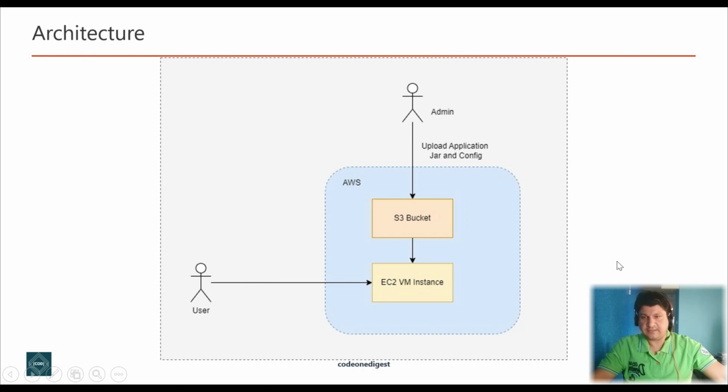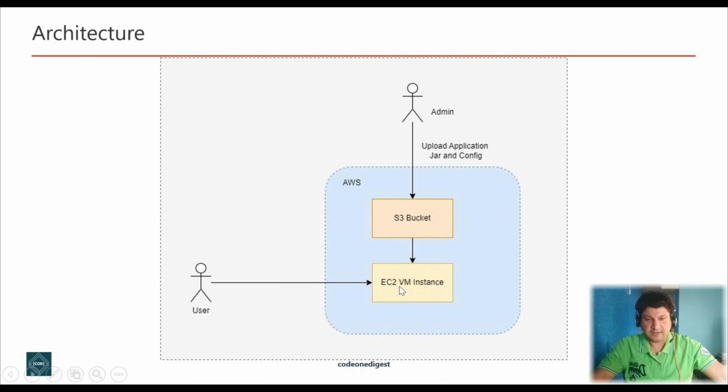So friends, let's understand the architecture, what we are trying to achieve in this video today. If you see, this blue area is our AWS cloud, and in that AWS cloud we are using an S3 bucket and the EC2 VM service. So we'll create one EC2 VM instance and we'll also create one S3 bucket. Why do we need an S3 bucket? Because whatever jar we create, our microservice application jar, we have to upload that to the S3 bucket, and then from the S3 bucket we will copy it to our EC2 instance.